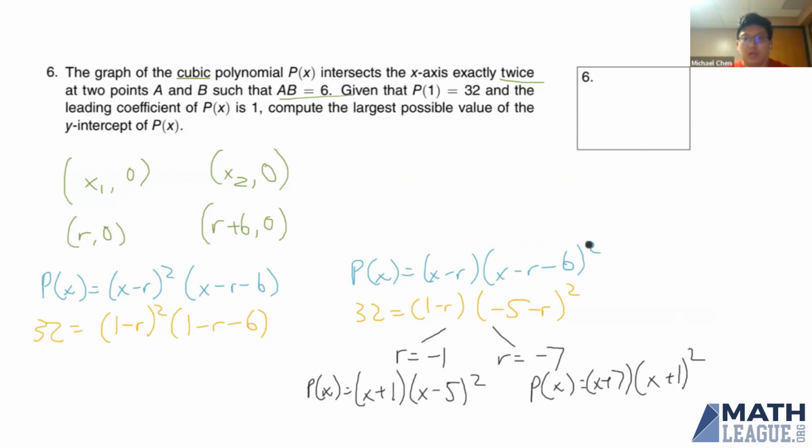All right, now remember, to find our y-intercept, we plug in x equals 0. So we'll either get 0 comma 25 or 0 comma 49.